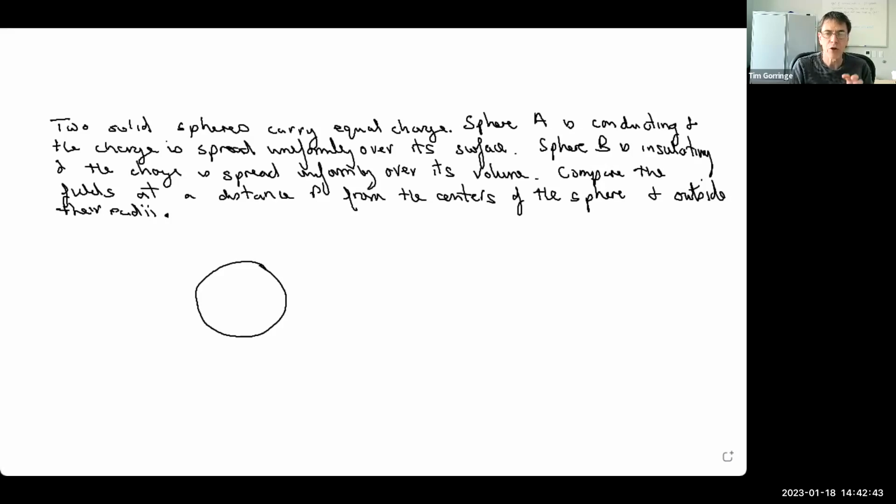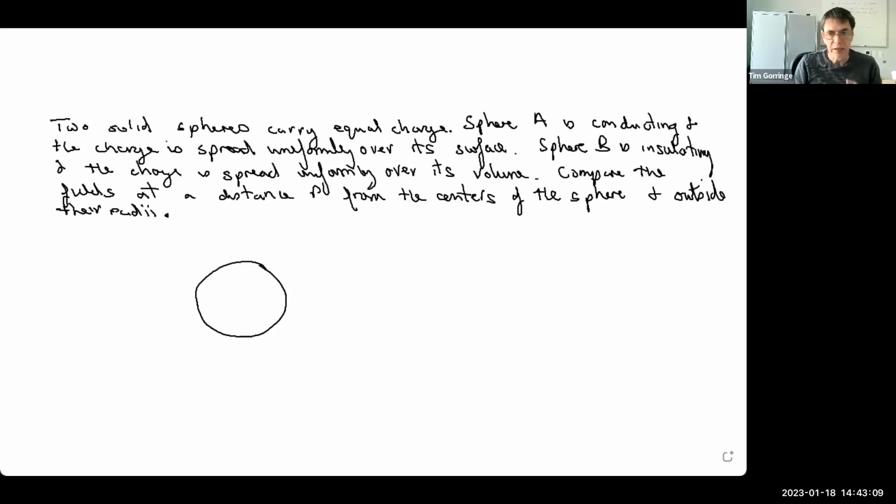You could then apply Coulomb's law for each of those little elements of charge, and then you could superimpose the fields from all those little pieces of charge, either over the surface or through the volume for the conducting or the insulating sphere. That would be an enormous amount of work for us. You can do it mathematically, but we don't want to do that.